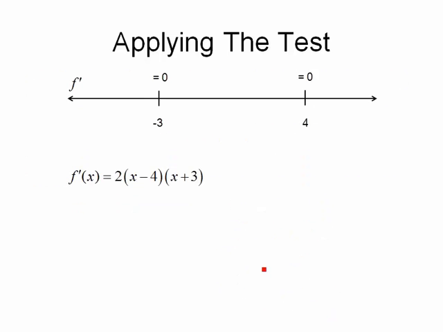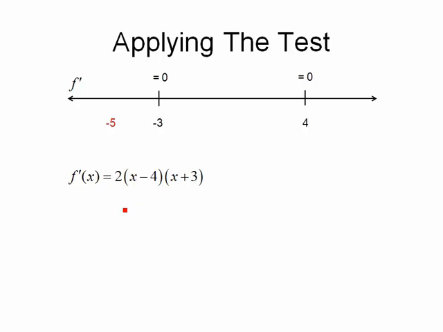So I've written out a number line here, and I've labeled on that -3 and 4. And above here, I've written equals 0 because that's where the derivative was equal to 0. The next thing we need to do is to test in each one of these sections the derivative to figure out whether it's positive or negative.